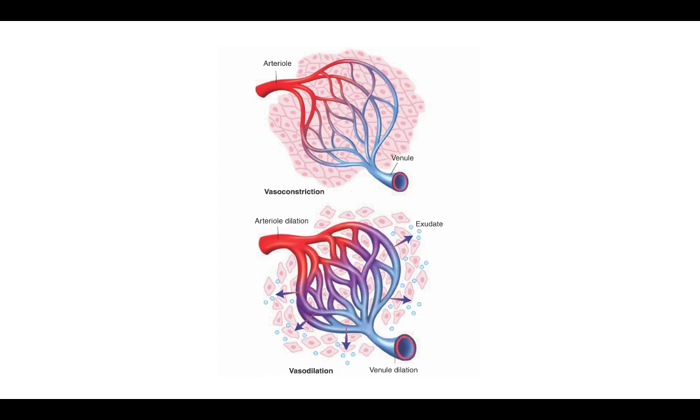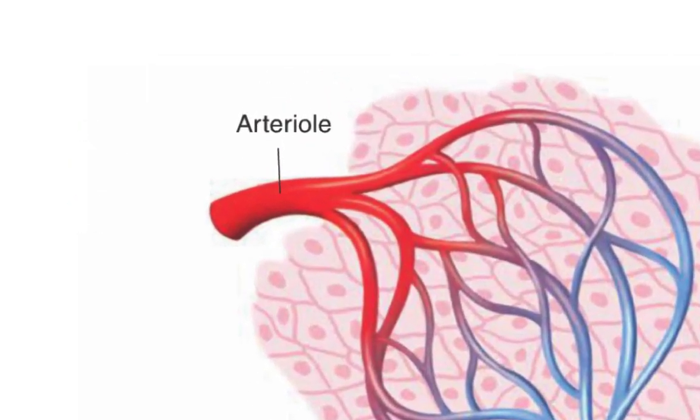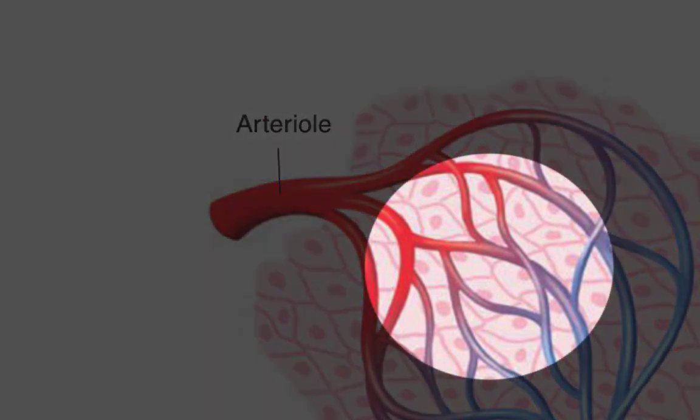Blood vessels are of five types. We have arteries, arterioles, capillaries, venules, and veins. Arteries are the big trunks that carry blood out of the heart. They end up in arterioles, which communicate blood to the capillaries. Capillaries are the site of gas and nutrient exchange between blood and tissue.